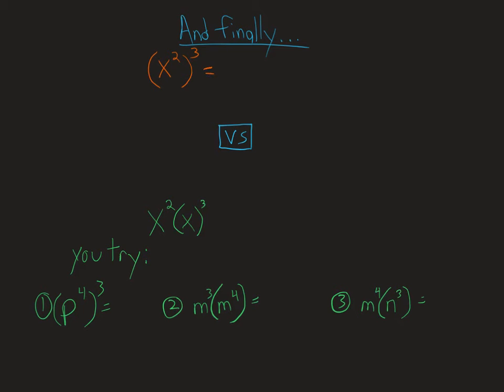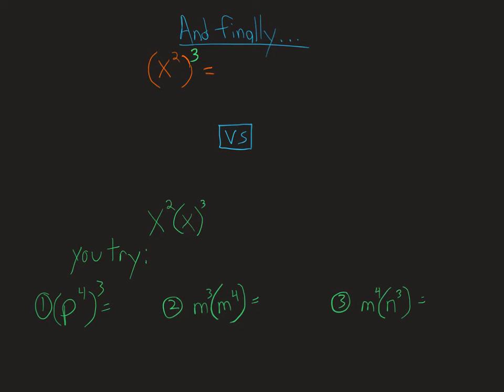X squared to the 3rd. Let's see what that means. X squared. And you know what? I'm going to change the color. I think it'll help you a little bit. Let's make that green. All right, interrupted, but now I'm back.